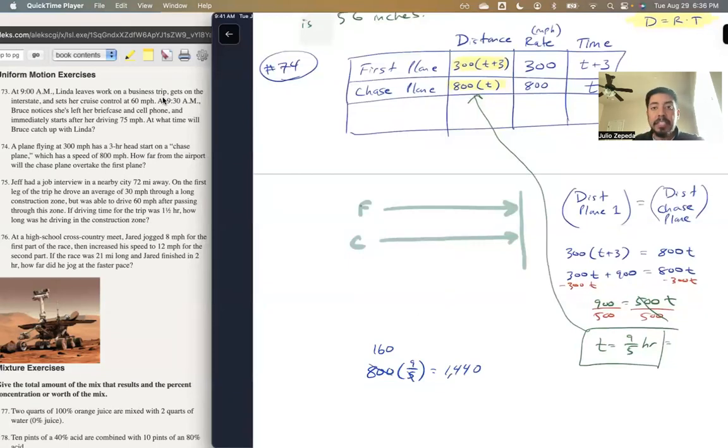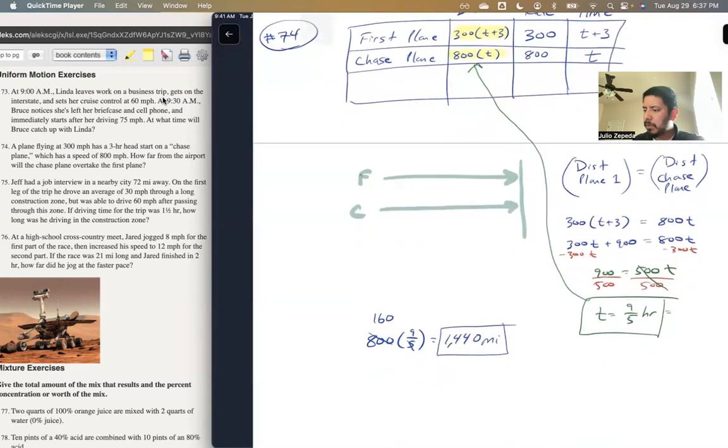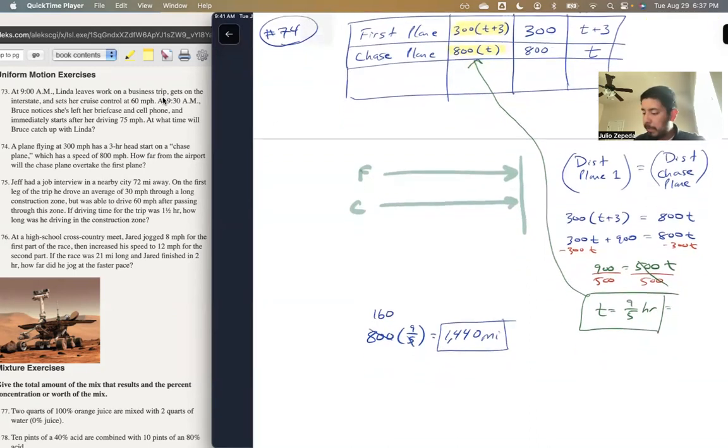And this is now in the distance column, so this should be a number of miles. Okay. To check this, we could also plug in this value of t in this expression up here, because remember the distances of these two planes at the point of being overtaken will be exactly the same. So let me plug in 9/5 over there as well.